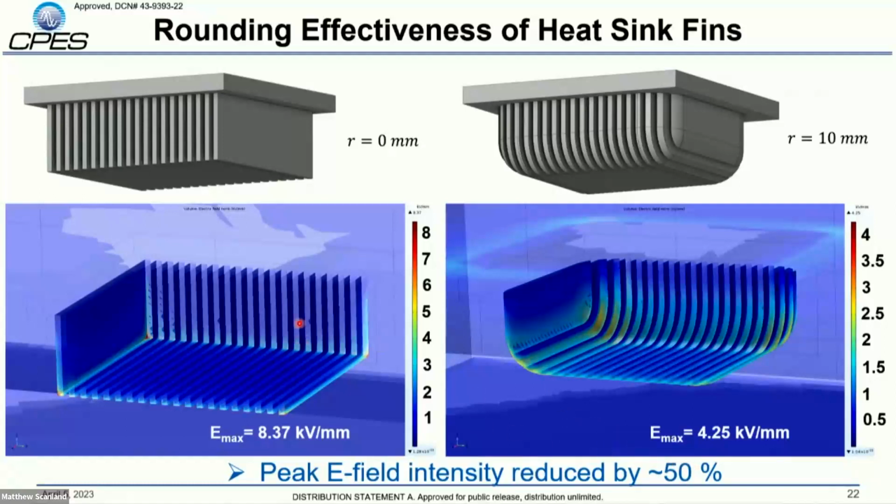So this is showing a comparison of two heat sinks, one without the rounded corners and one with it. And just here you can see again that the field intensity is about half of what it was before. And you have more even color distribution, which is ideal because we don't have any enhancements.